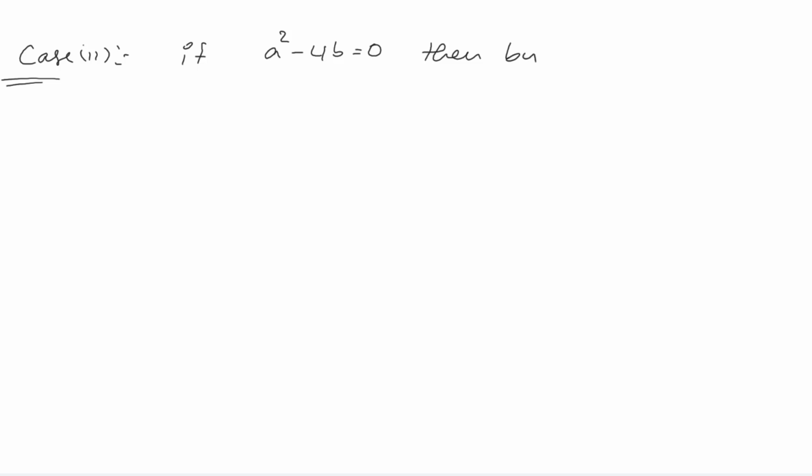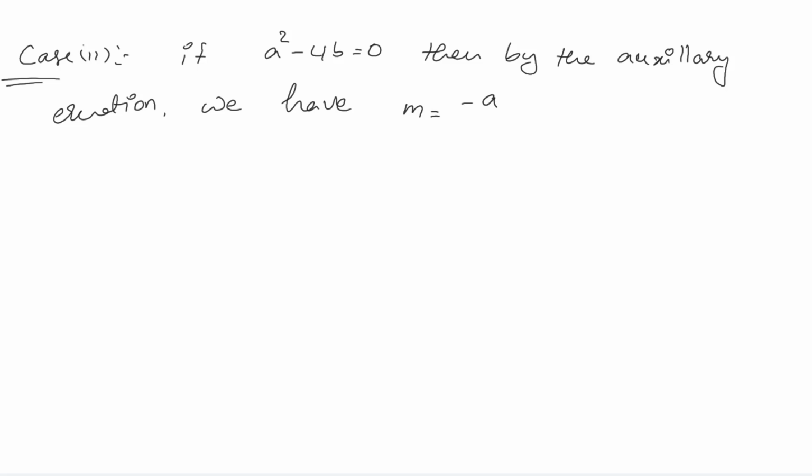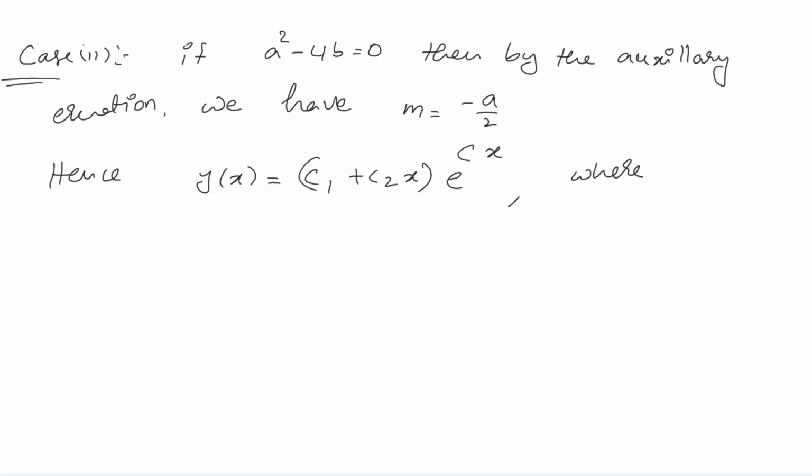Then by the auxiliary equation we have m equal to minus a divided by 2, hence y of x is (c1 plus c2x) e to the power of cx, where I write c as we have already used the terms a and b, and c is minus a divided by 2.